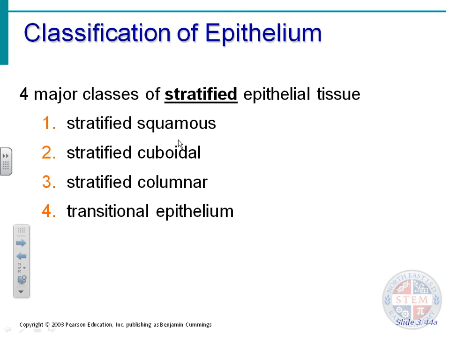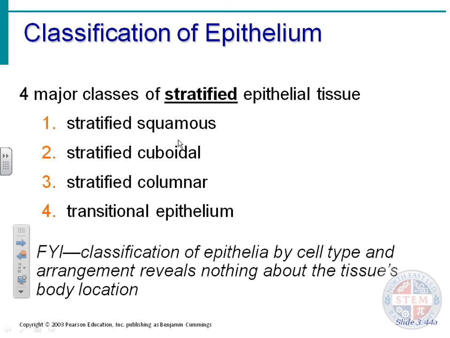Over time the bladder fills up and stretches, and then it empties. So it has this continual change in shape, and that change in shape causes these transitional shapes. It can go from being cuboidal and transition into squamous and so on. This is what we call transitional.